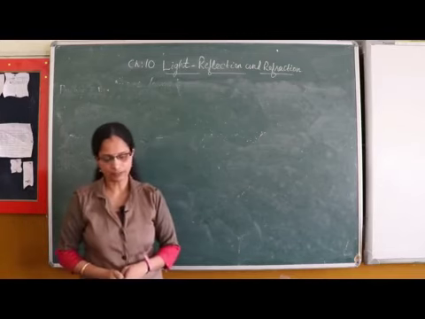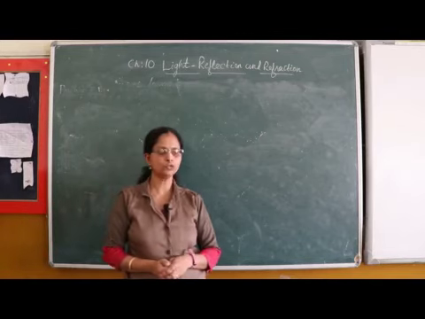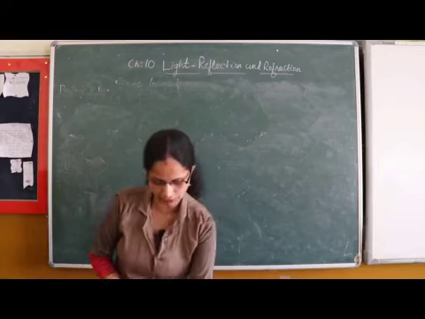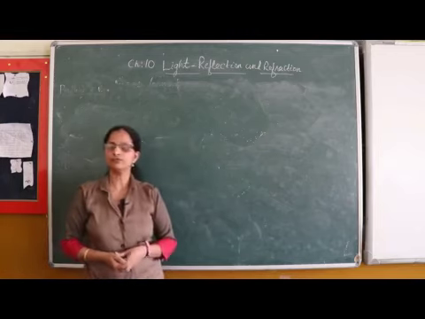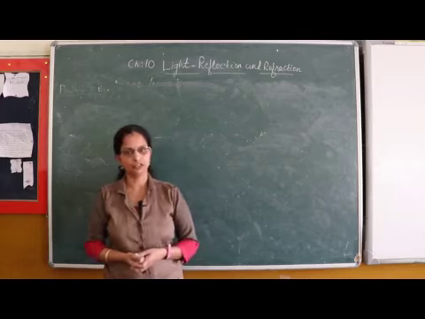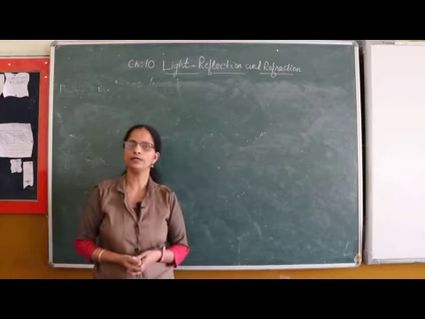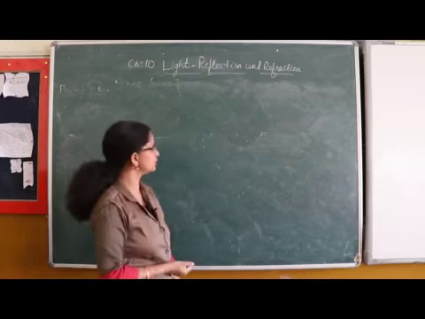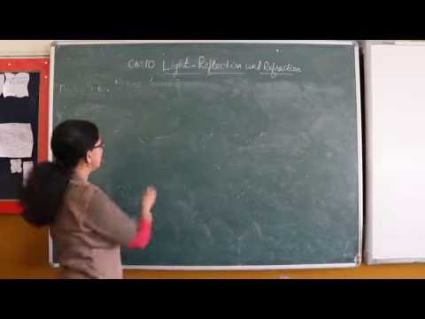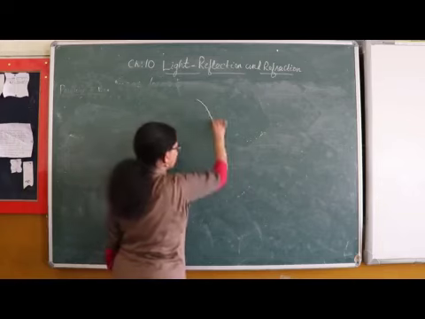Now, sign conventions for reflection. The image formation, whatever we discussed here, the reflection of light, always follows some sign conventions, which are known as the new Cartesian sign conventions. So we can see what this is.